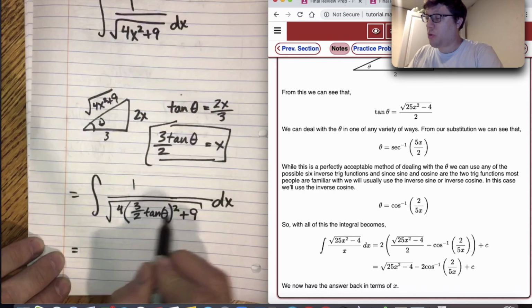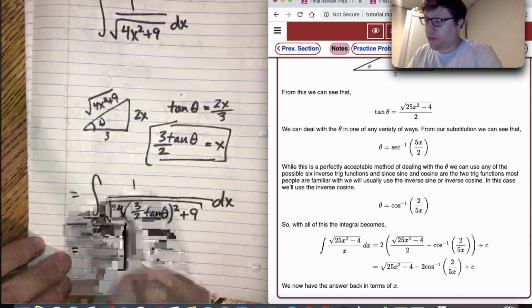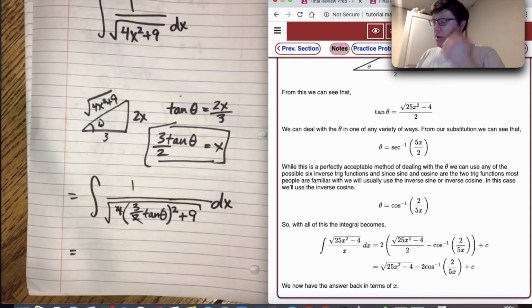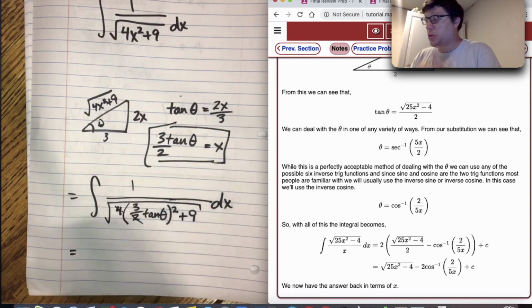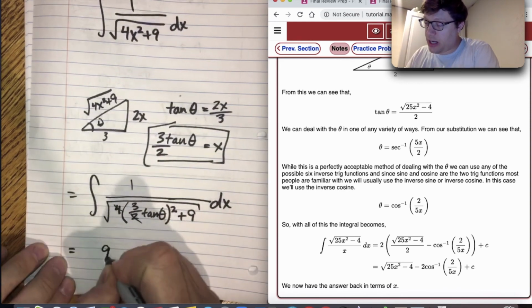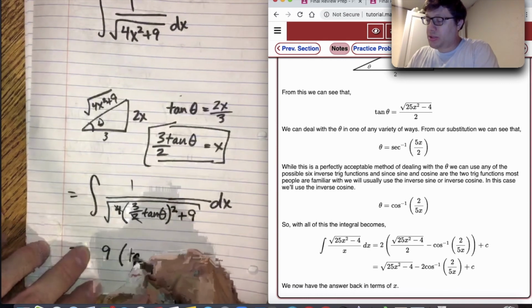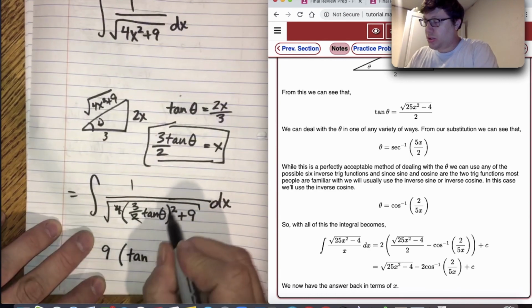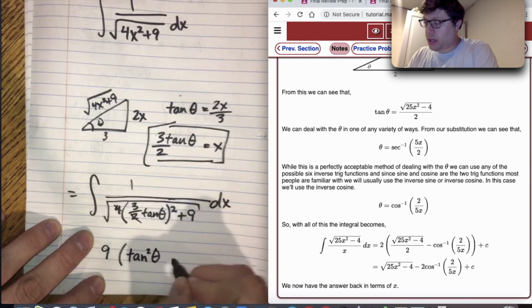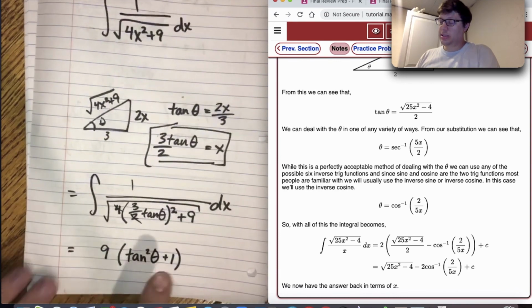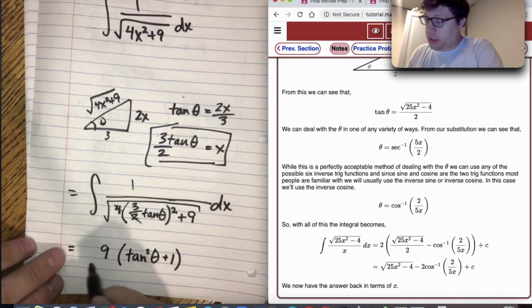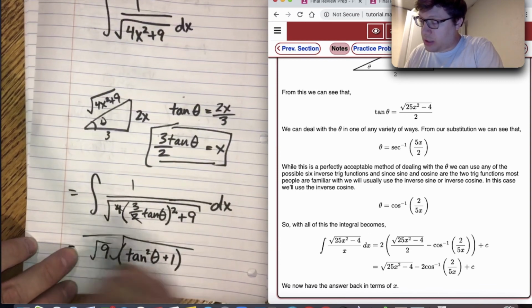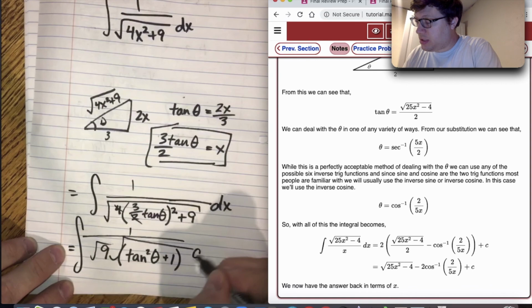That gives us 4/4, so 4/4 will cancel. 3 squared is 9, and there's a 9 in there too. So I'm going to factor out a 9, leaving me with tangent squared theta plus 1. That may be significant. It's still square rooted, so square root that, and it's all over 1, and then we have dx.